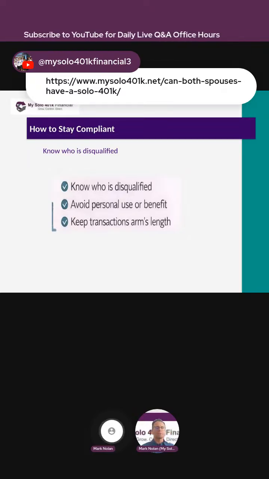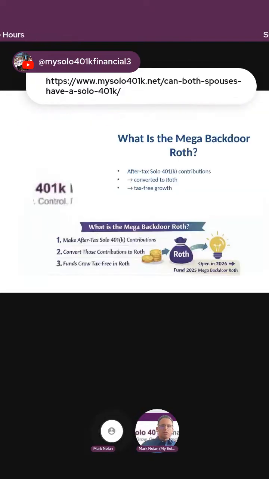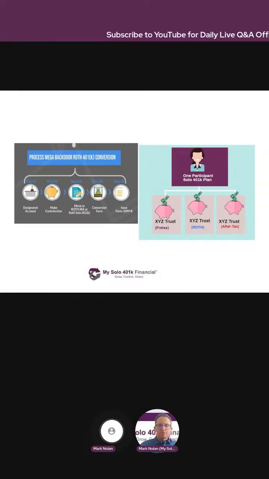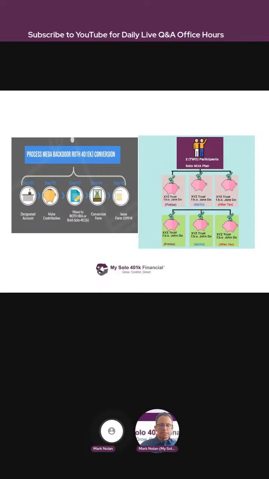But in short, let's say your self-employed business is taxed as an S corporation. That means that each of you, if you're both working for that same business, then it's one plan, and both of your respective contributions to the solo 401k plan are going to be based on your respective W-2 wages from that business. Here's an example of a 2-participant plan, 2 spouses, for example.